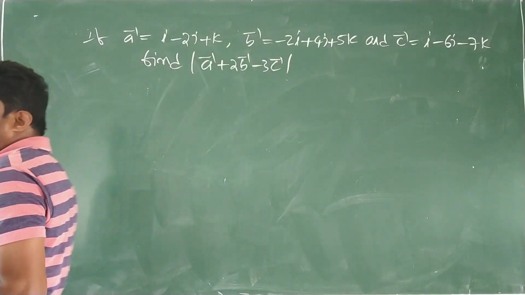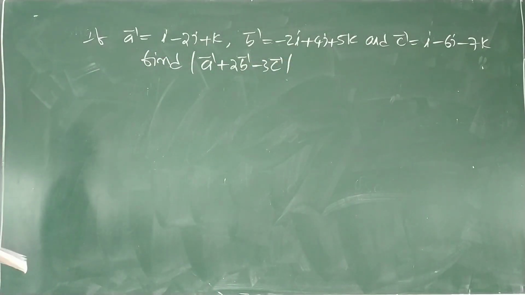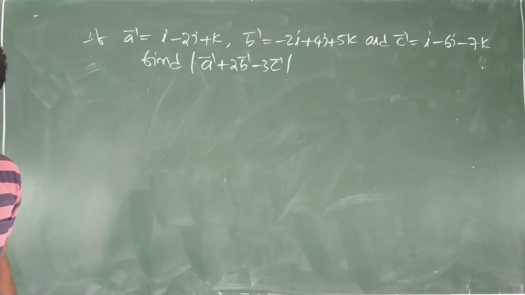So find out the length of the vector A plus 2B minus 3C.